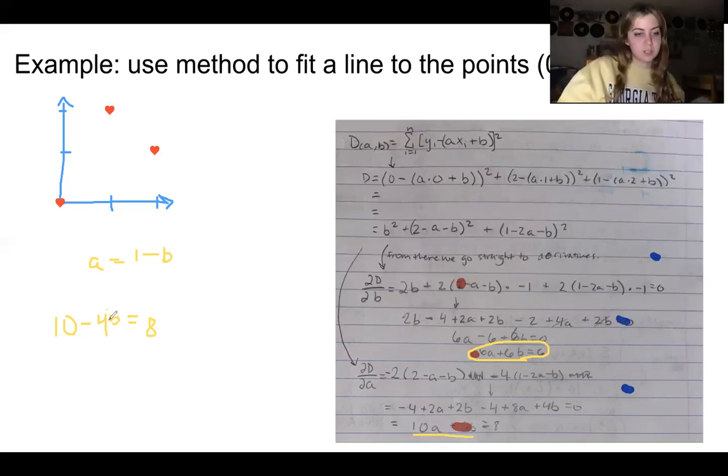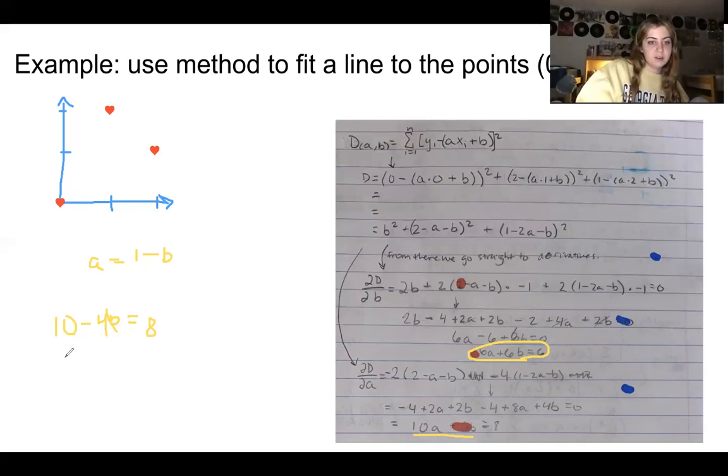And then we just subtract 8 from this side, so we get 2, and then we can add 4b to the other side, so we get 2 equals 4b. Divide both sides by 4, and you get 1/2 equals b. Plug that back up top here, so we get 1 minus 1/2 equals 1/2. So a equals 1/2, and b equals 1/2.